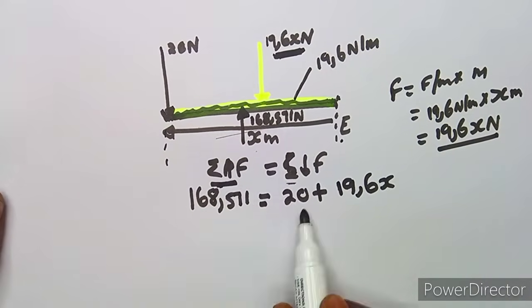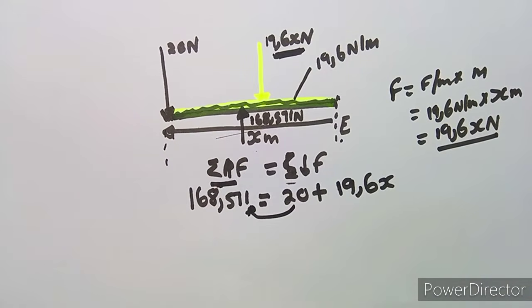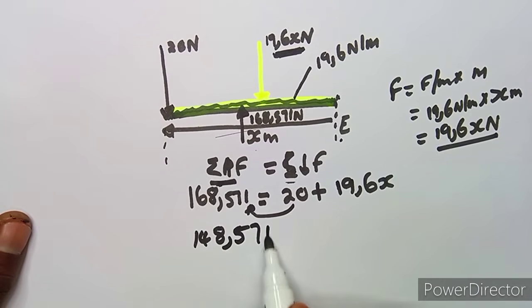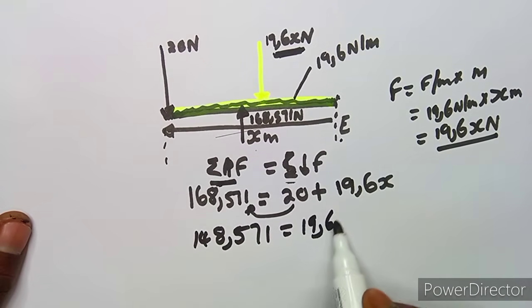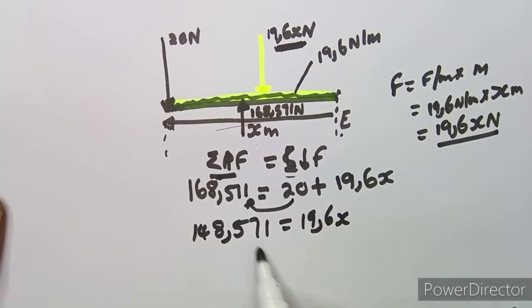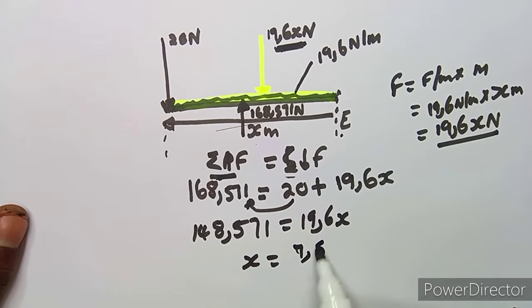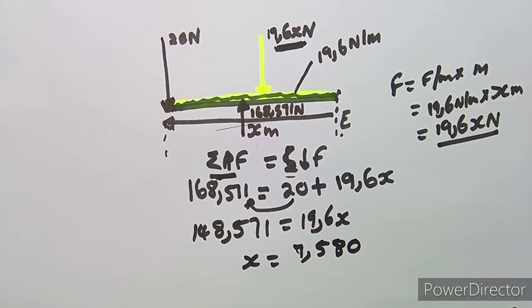So just transpose this to the side, guys. As you can see, subtract there. If you subtract 20, it's going to be 148.571, which is equal to 19.6x. Divide by 19.6 both sides, so your x is going to be something like 7.580155 meters.